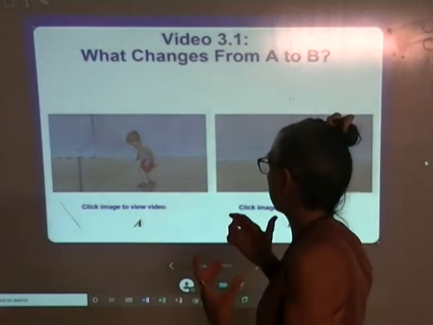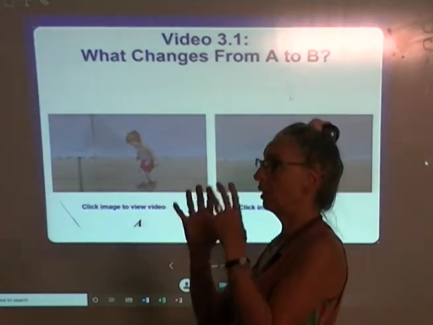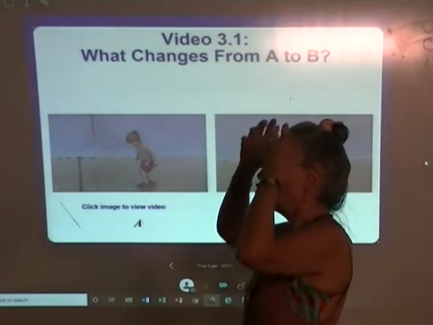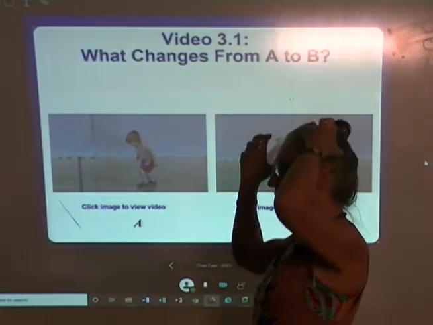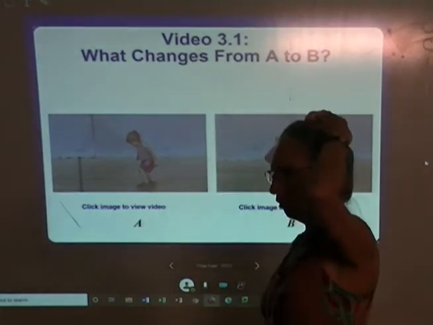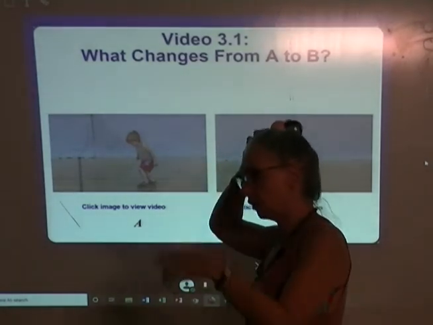One of the things you have to bear in mind, and we'll talk about this a lot as we go through the semester, is that when the brain is learning new skills, the left side of my brain controls my right arm, my right leg and my right side, and the right side controls the left side.